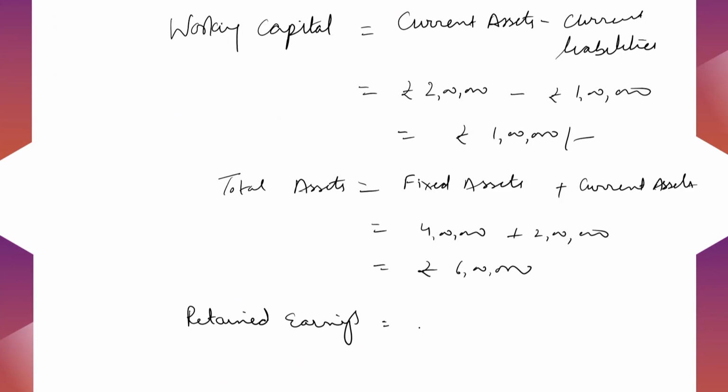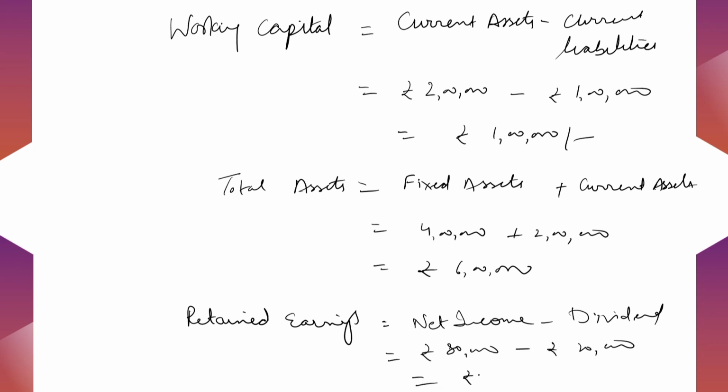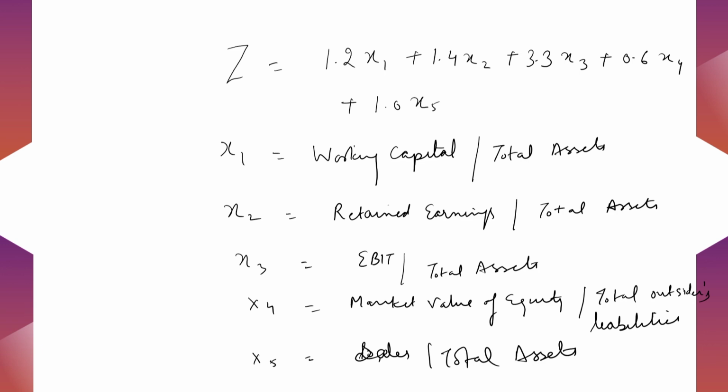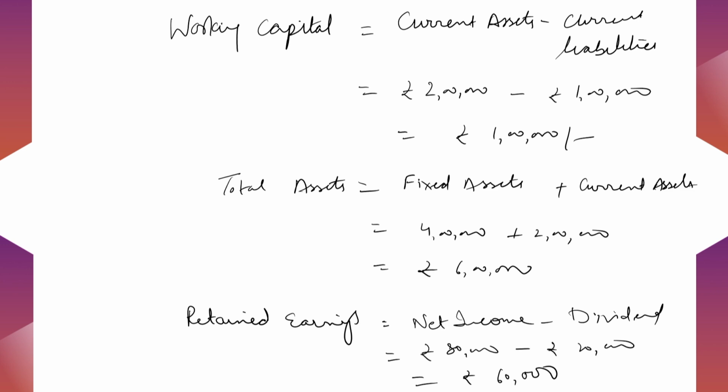So retained earnings will be net income minus dividend: rupees 80,000 minus rupees 20,000, which gives rupees 60,000 as our retained earnings. Next we need EBIT, earnings before interest and taxes. As nothing is provided in the question, we take EBIT as our net income, which is equal to rupees 80,000.